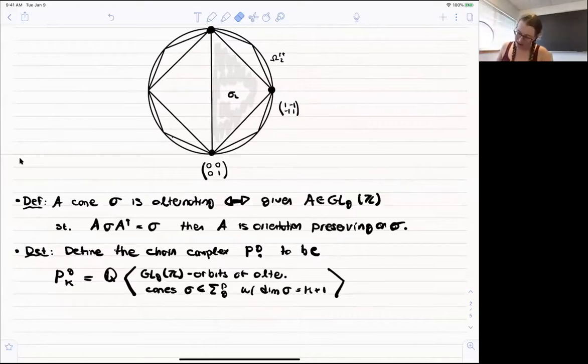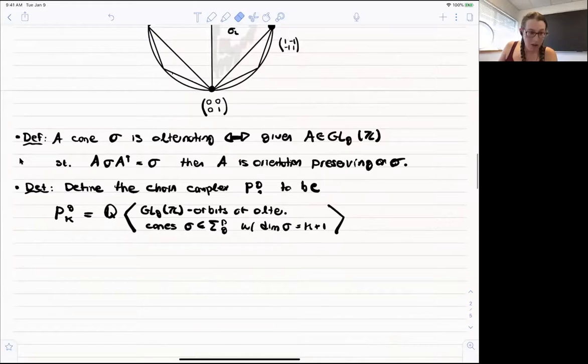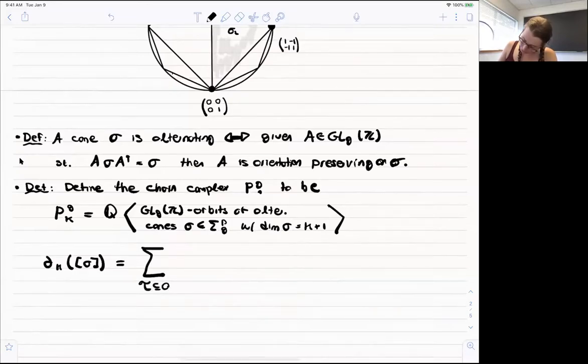And now I have to define for you the differential. The differential takes in a cone sigma, and it's going to spit out a sum over all the codimension 1 faces of sigma. So tau is a codimension 1 face, a facet of my cone.